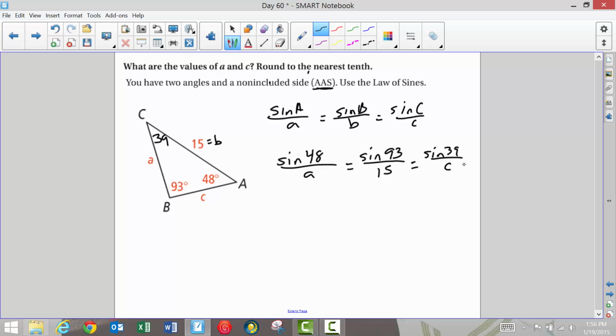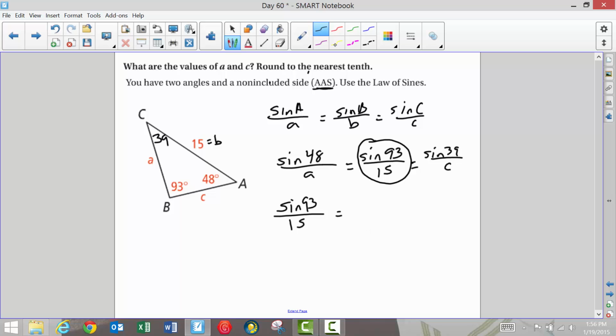Since I filled in all the information that I need, now I pick one fraction that has everything filled in. The only fraction that has everything filled in is sine 93 over 15. So I'm going to use this one, sine of 93 over 15, and set it equal to a fraction that contains one variable.